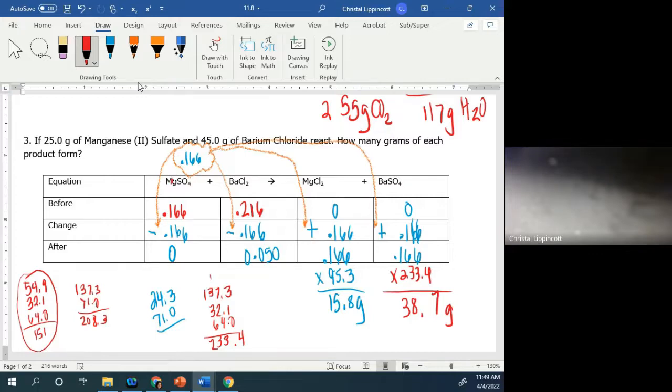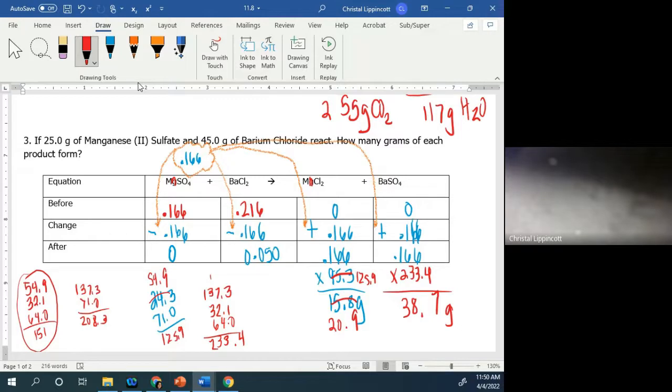This should be manganese, which means that answer is going to be wrong because I used magnesium instead of manganese for that. This should be 54.9. That's 125.9. So this would actually end up being 20.9.